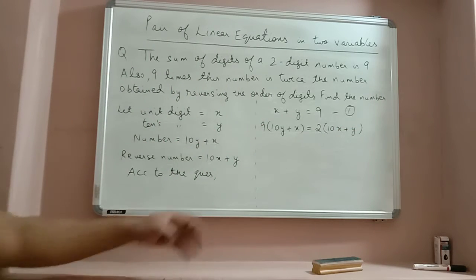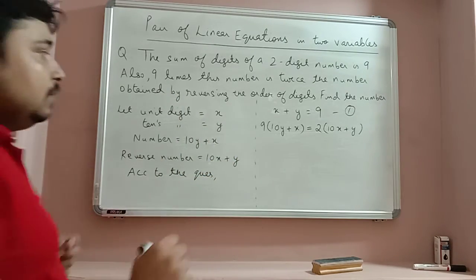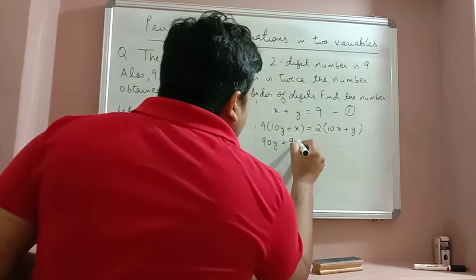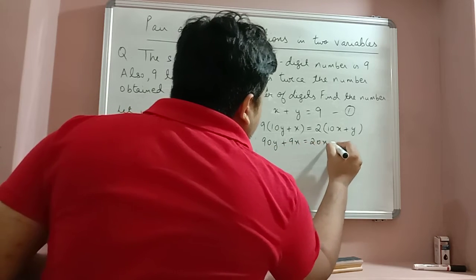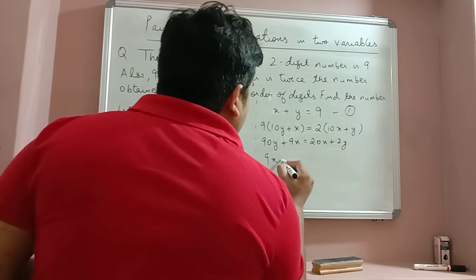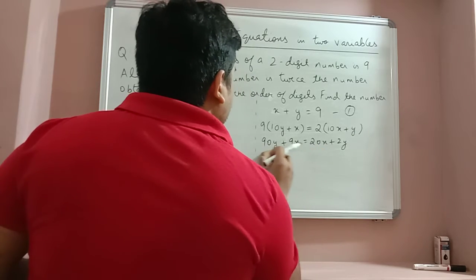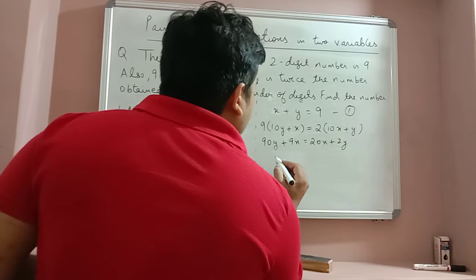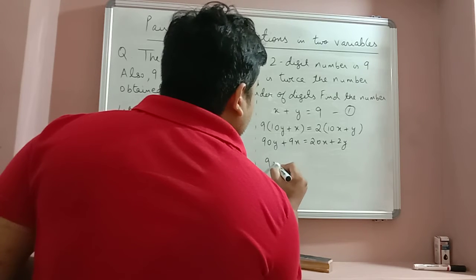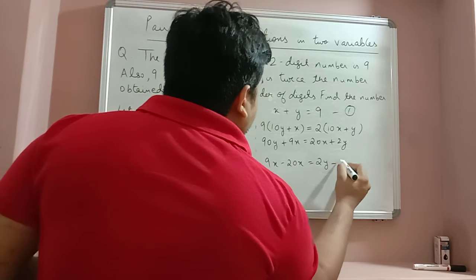Now we will modify this linear equation in two variables into the general form. So this becomes 90y plus 9x equals 20x plus 2y. So I can write this as 9x minus 20x equals 2y minus 90y.